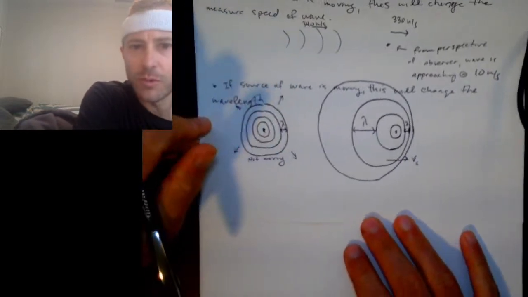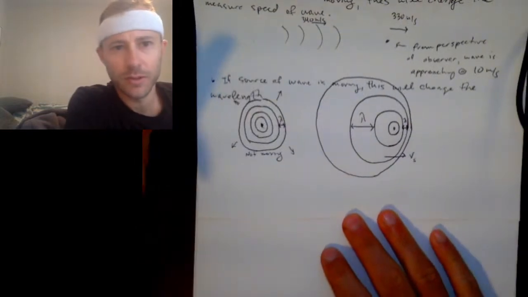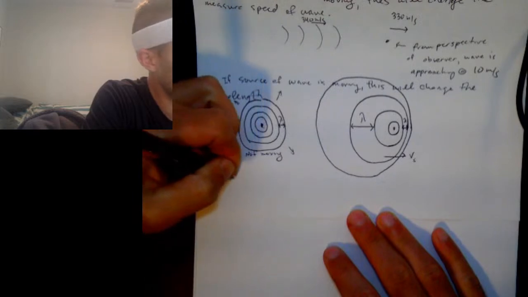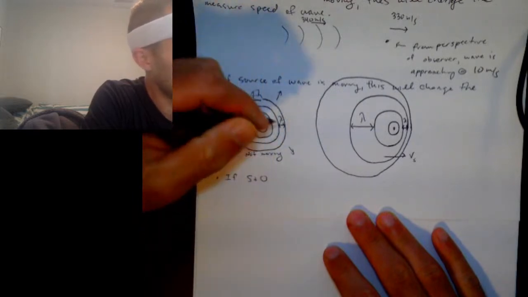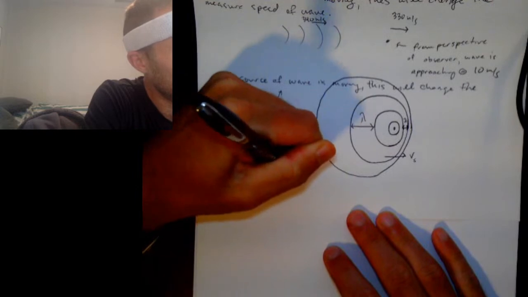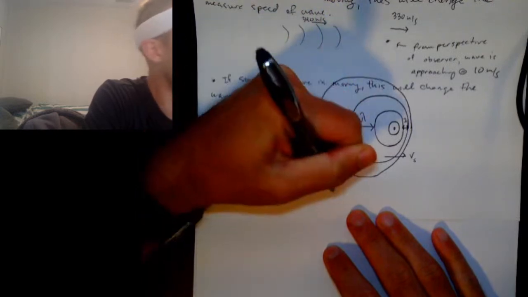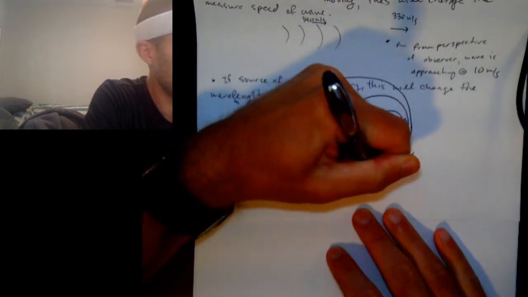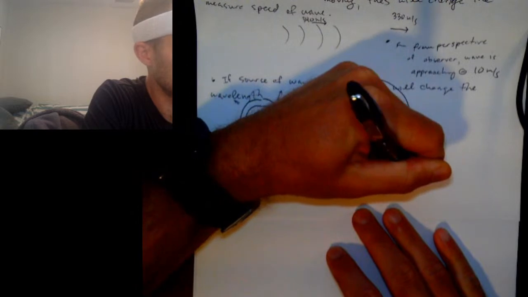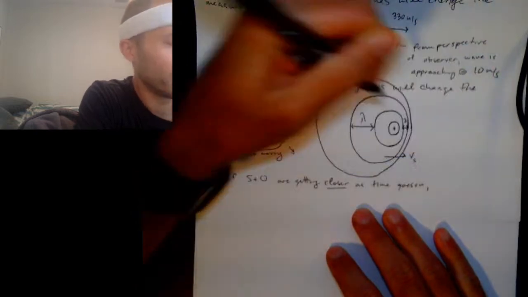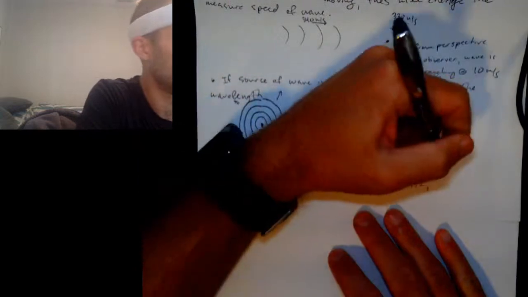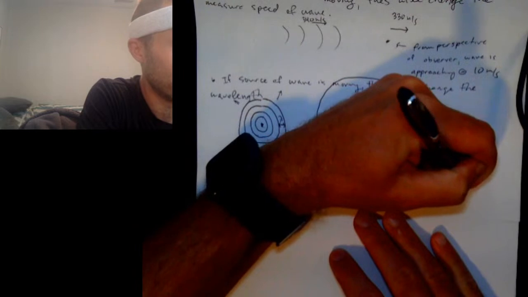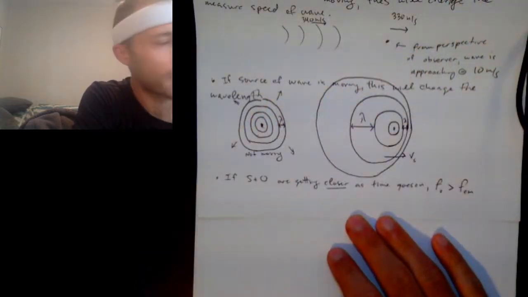And so here's the rule for figuring out how the frequency is going to change. All right. So if the source and the observer are getting closer as time goes on, then what we will measure is that the observed frequency is greater than the emitted frequency.